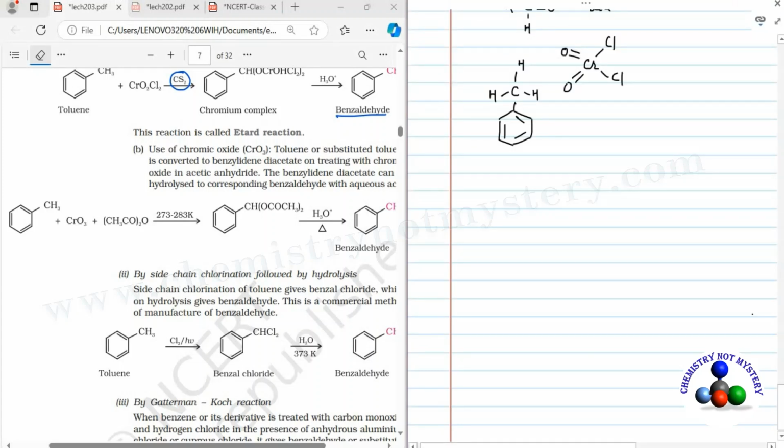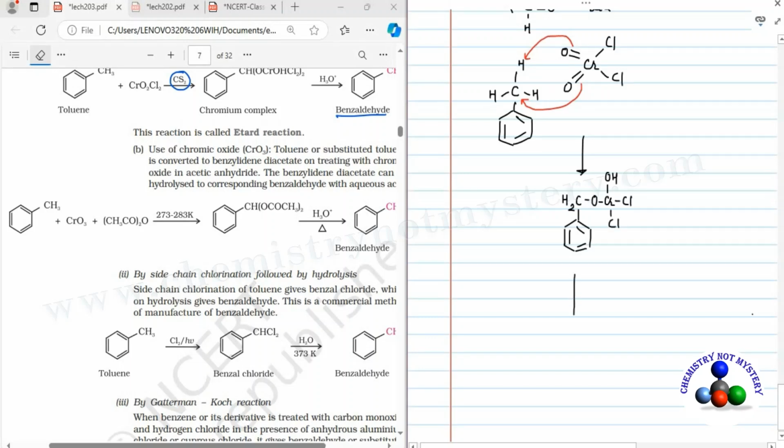In a concerted manner, one of the oxygens will abstract hydrogen from the toluene, and at the same time make a bond with the carbon. So here you will get the product. This is benzene bonded to CH2, which now makes a bond with the oxygen, here Cr, bonded to OH, and on the other side 2 chlorines.